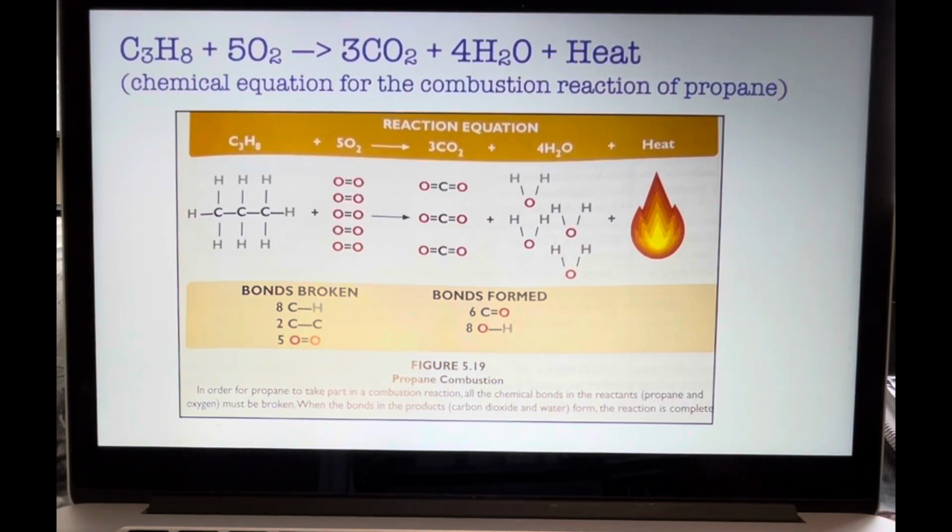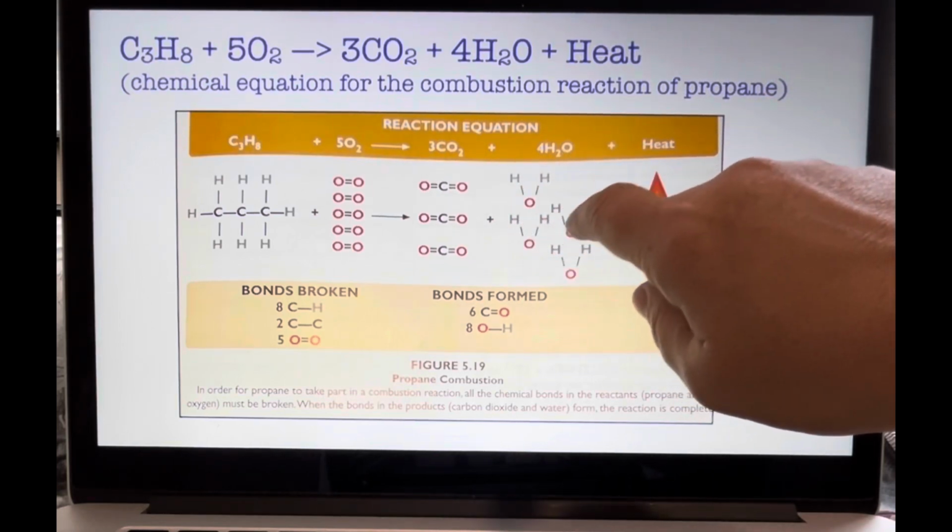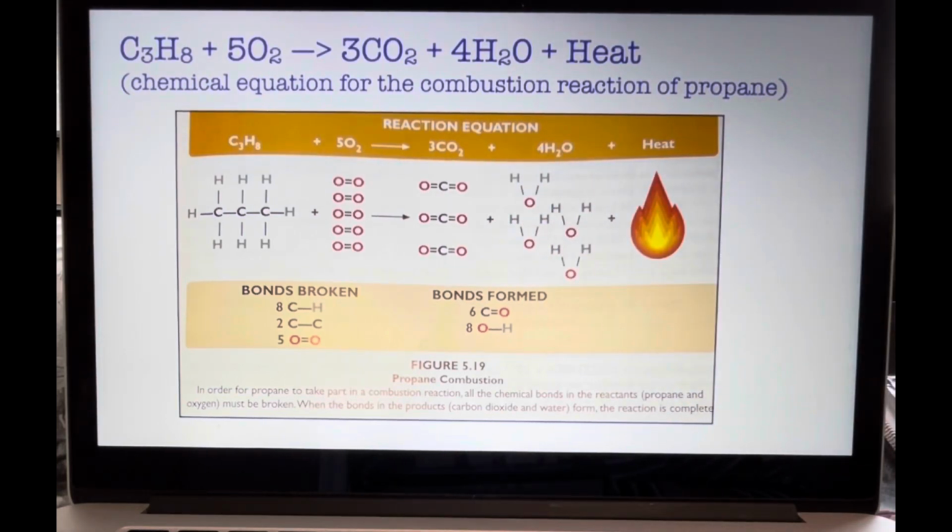Look again at this figure. For each molecule of propane that reacts, 3 molecules of carbon dioxide and 4 molecules of water are produced. Look at the bonds formed in the reaction. We have 6 carbon-oxygen bonds and 8 oxygen-hydrogen bonds, single bonds.